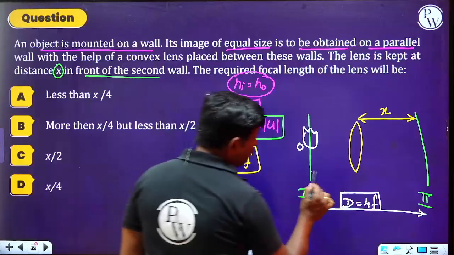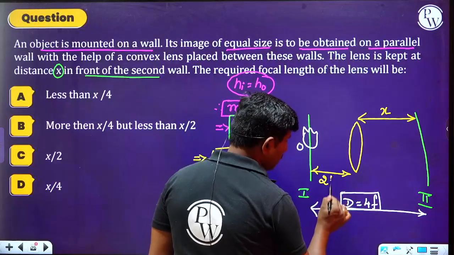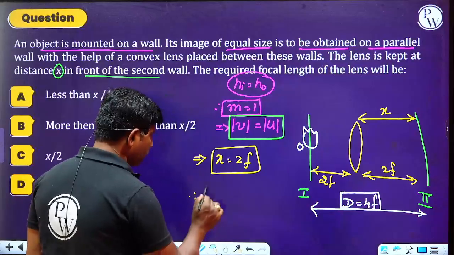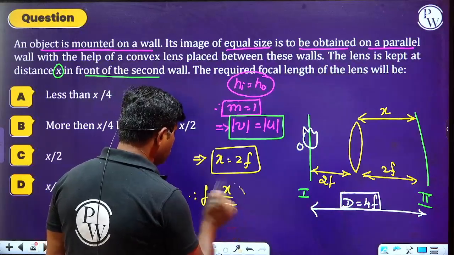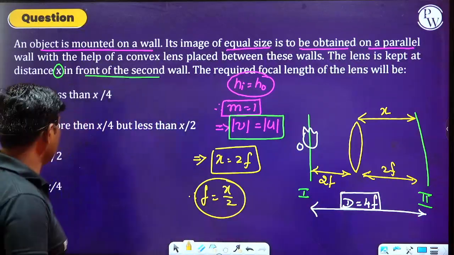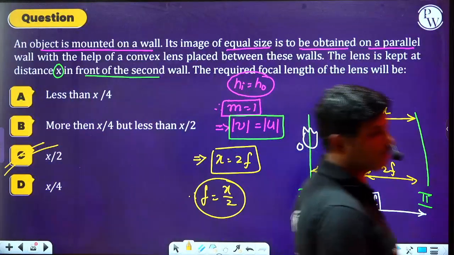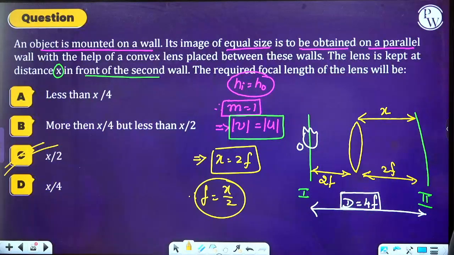That means from here to here it must be 2f, and here to here it must be 2f. Therefore, the focal length will become x by 2. Hence, we can select option C as the right answer. I hope you understood this question clearly. Now move on to the next question.